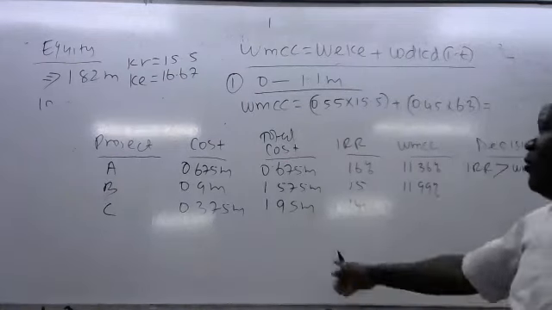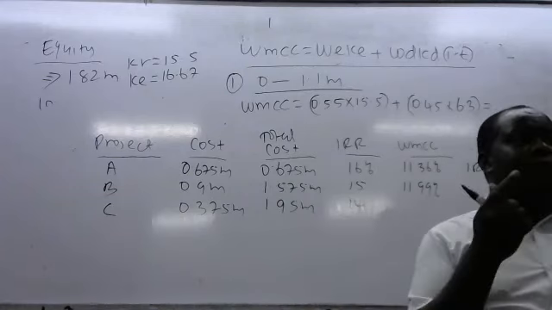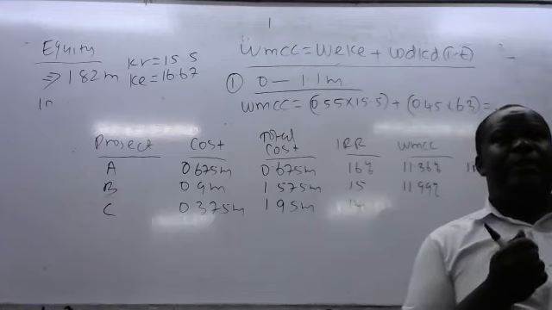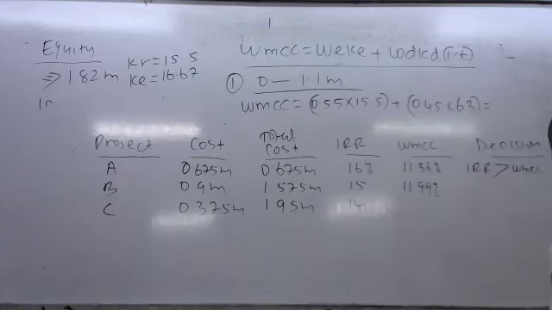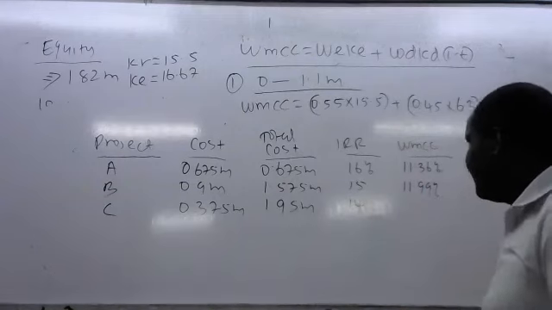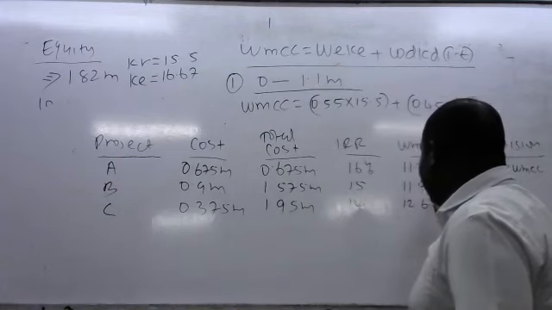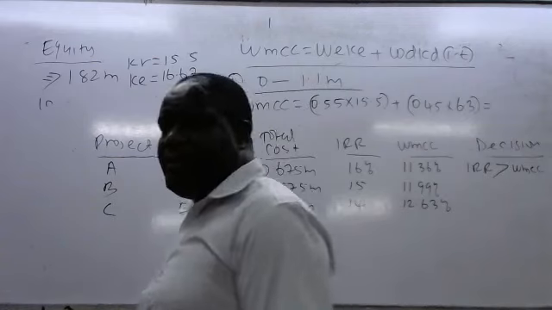So 1.95 is the one above 1.82 up to 2 million. What was our WMCC for that? So even that one we accept that project.